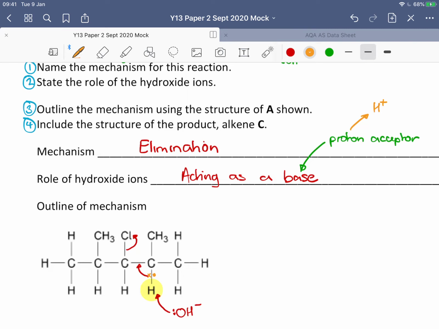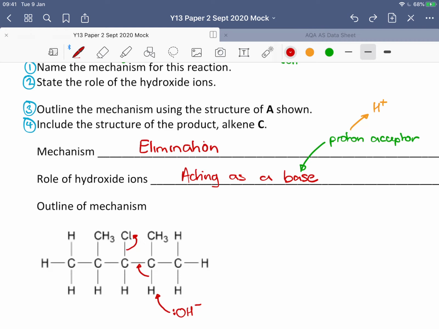So we have a shared pair. But when you look at the arrow that's moving from the carbon-hydrogen bond onto the carbon-carbon bond, both of those electrons are moving. So hydrogen is now not left with any electrons, and in effect it's going to be an H+ ion. So that hydroxide is taking an H+ ion, which is how it's acting as a base.